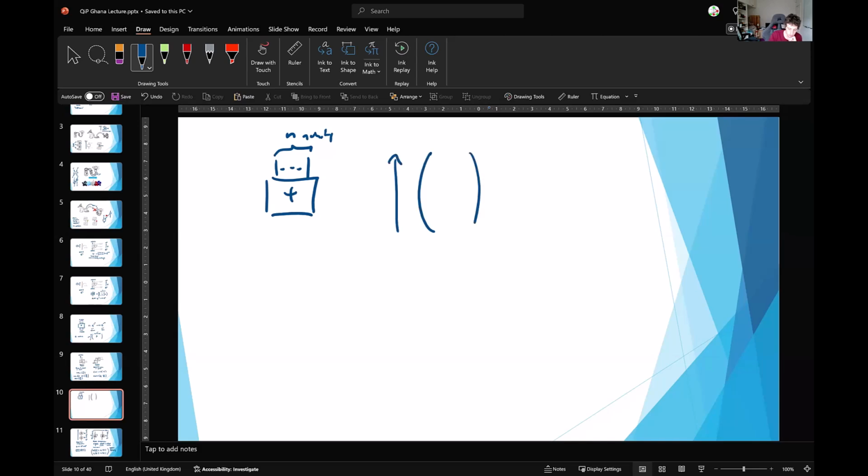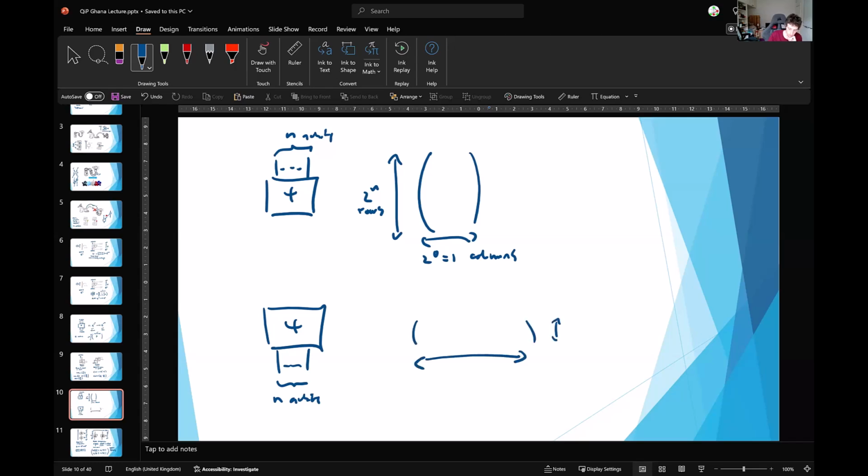It has 2^n rows, and it has 2^0 equal 1 column. And similarly for the tests, if you have n inputs, then this is a row vector which has 1 row, which is 2^0, 1 row, and 2^n columns. That's the idea.